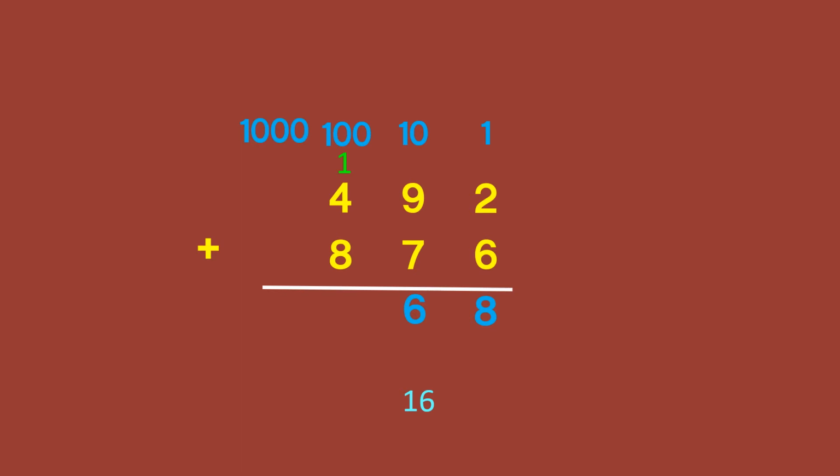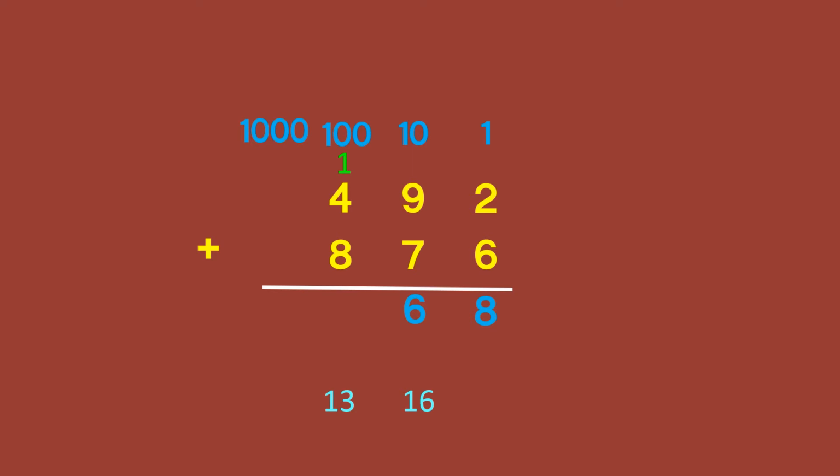So we'll add the digits under hundreds place. 1 plus 4 is 5. 5 plus 8 is 13. So once again you can't mention 13 under hundreds place. Therefore, we have to search whether there are any bundles of tens. Yes, there's one bundle. Therefore, I'll separate that bundle of 10.